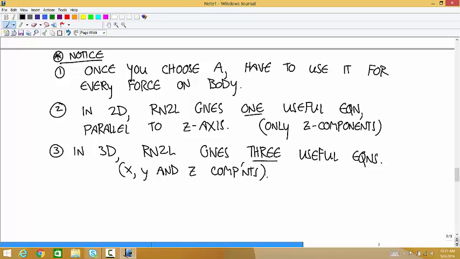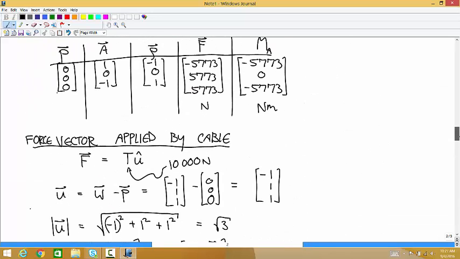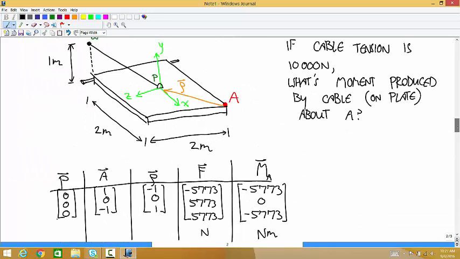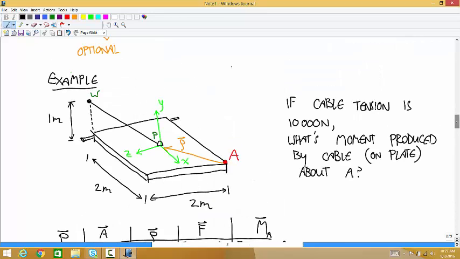Once you choose A, you have to use it for every force. What does that mean? Okay, so a lot of this stuff I'm saying is a little hazy now because it's sort of abstract. Once I start doing problems, it'll make more sense. But in this example, if we had this cable force and also a weight force and also a force from each hinge, then we would have had to calculate moments for 1, 2, 3, 4 forces.